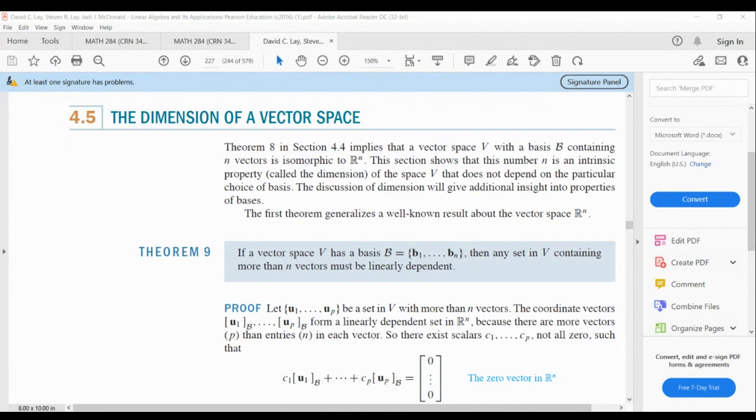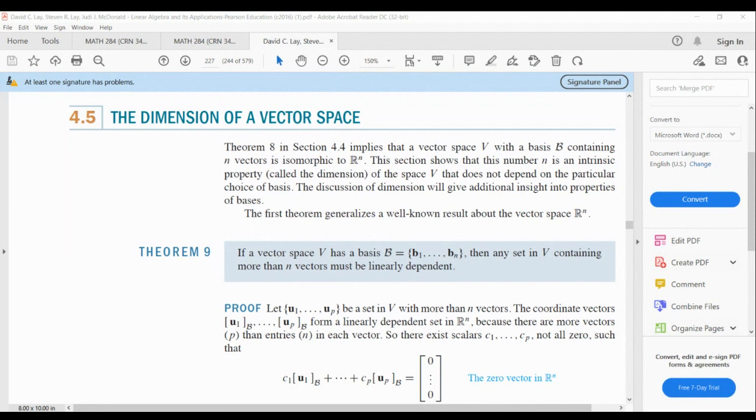And then in section 4.4, you learned about different coordinate systems and how we don't always have to use a standard basis, for instance, for the three-dimensional R3 coordinate system, i, j, and k, or in our case, we call them vectors e1, e2, e3. We could have different bases for a three-dimensional coordinate system, and those bases might be more convenient depending on what we're working with.